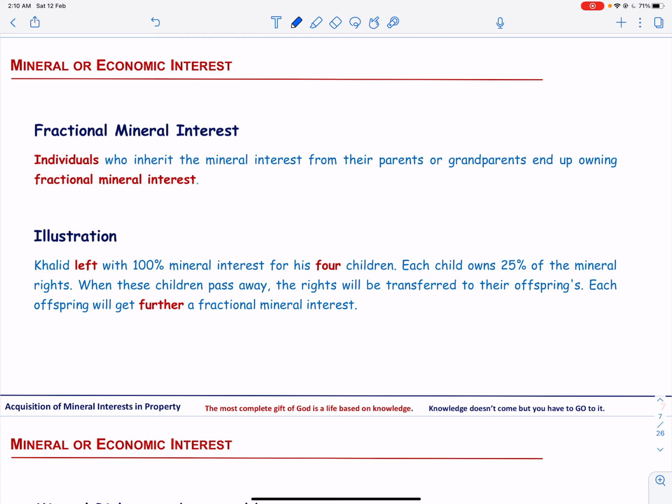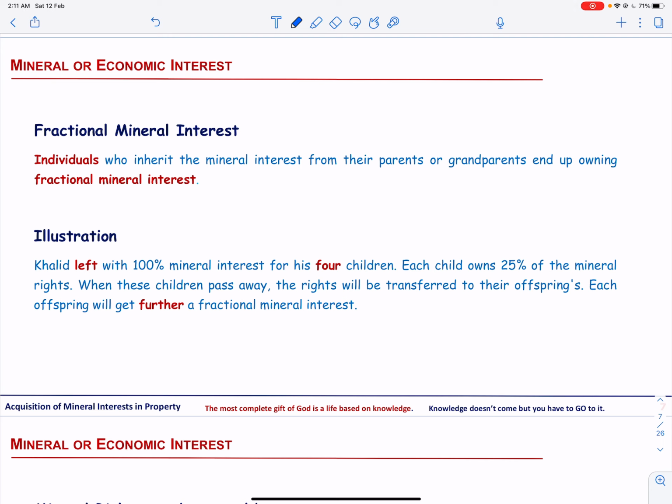Individuals who inherit the mineral interest from their parents or grandparents end up owning fractional mineral interest. Let us take an example. Khalid left 100% mineral interest for his 4 children. Each child owns 25% of the mineral rights.